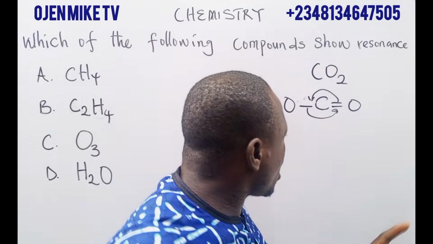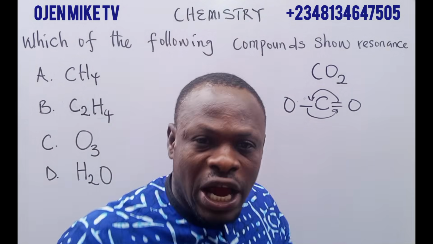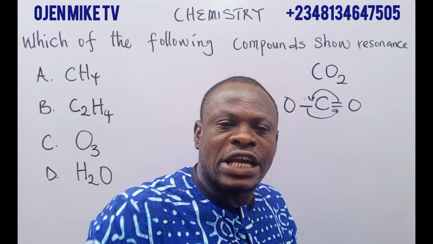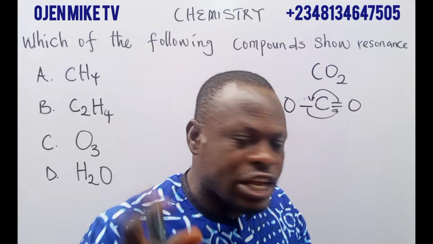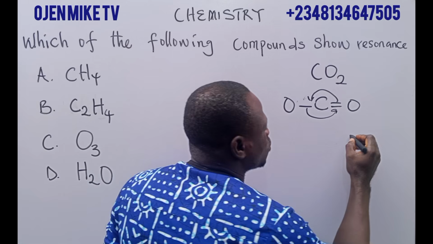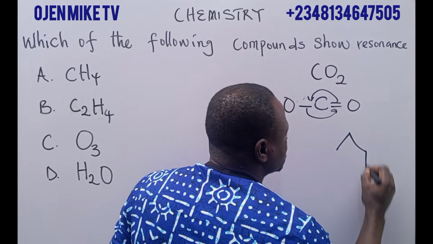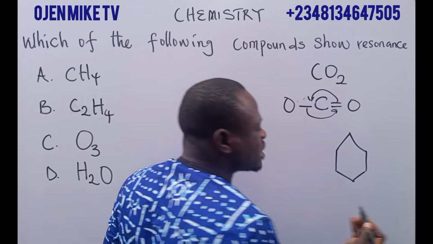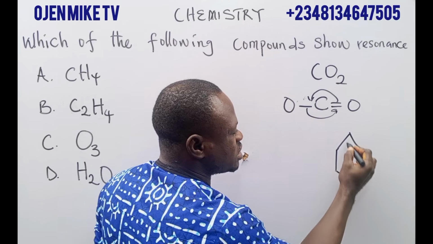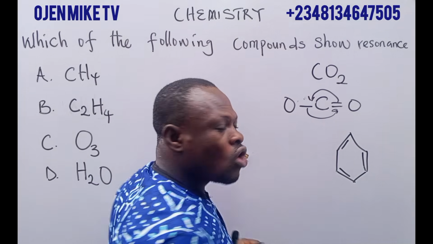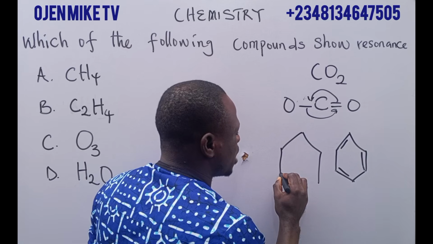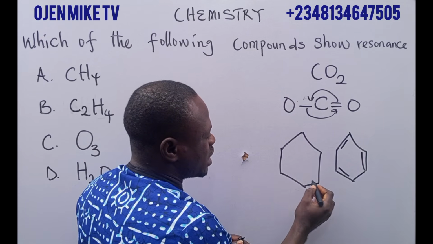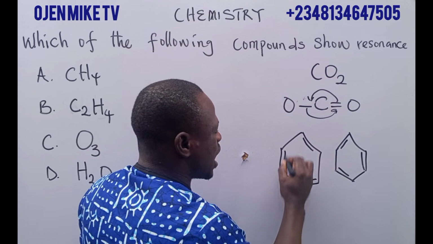Do you get that? Now, the electrons can be delocalized. When you hear of delocalized, it means they can be shared between atoms or moved between atoms. In the example we also have in the case of benzene, you can see that you can write this structure like this, or you can write it like this.